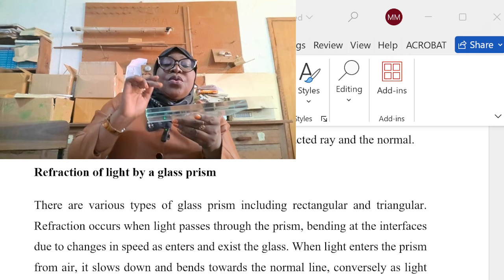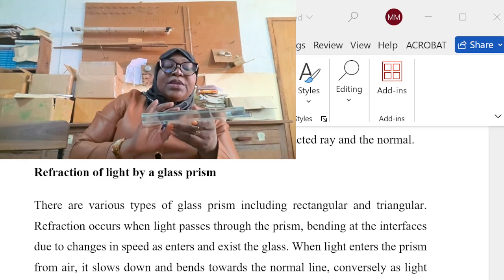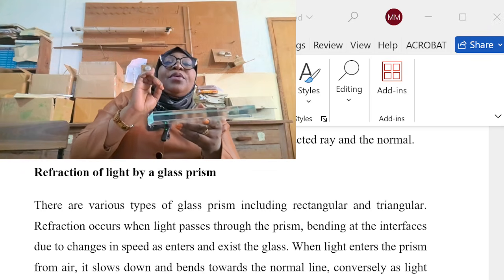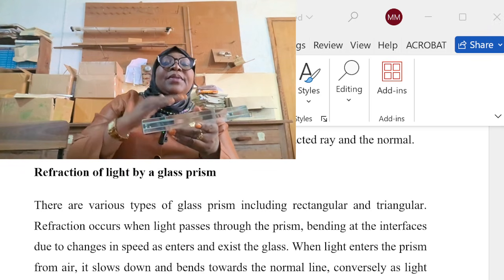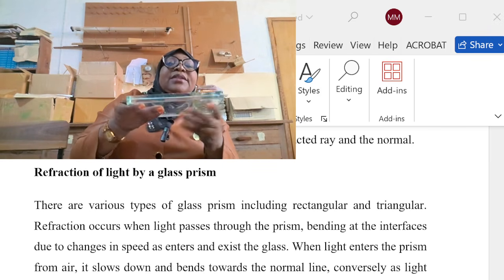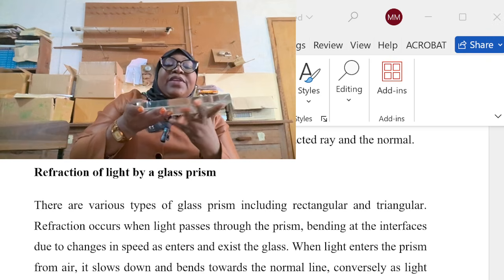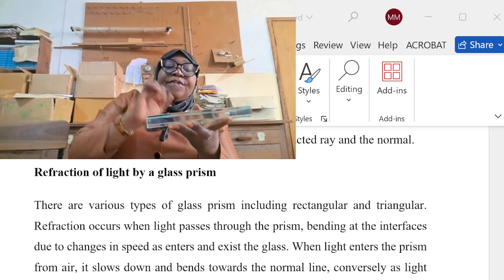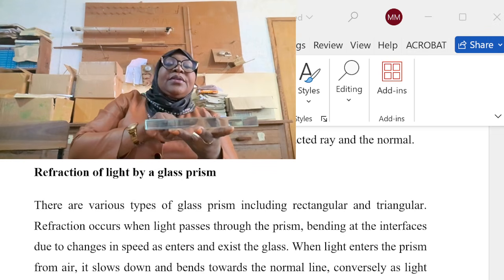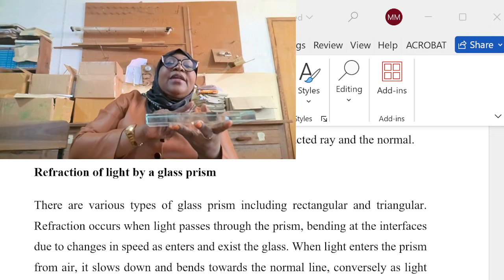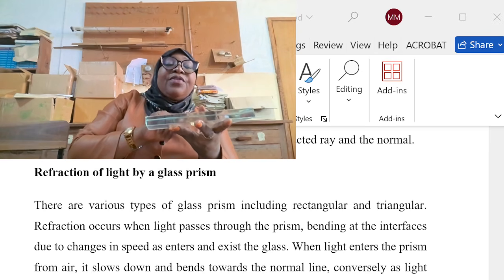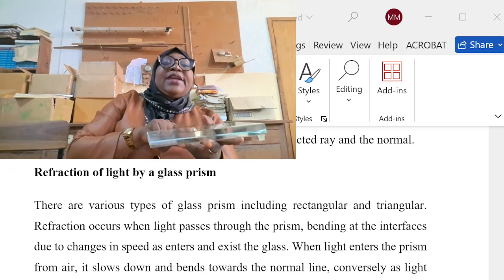So at the point of intersection between the boundary of two mediums, in this case the medium here is air and this is another medium, whenever the light passes from air to the glass, at the point of intersection between the glass and the air, the bending occurs. Inside the glass, the motion of the light is a straight line.